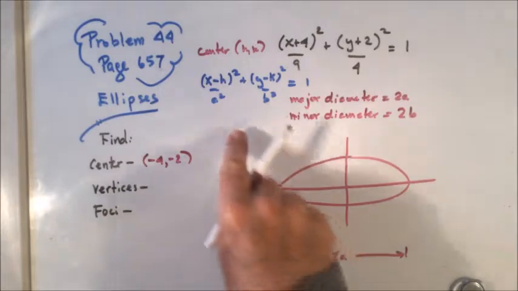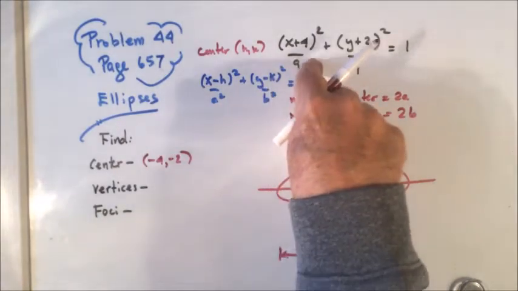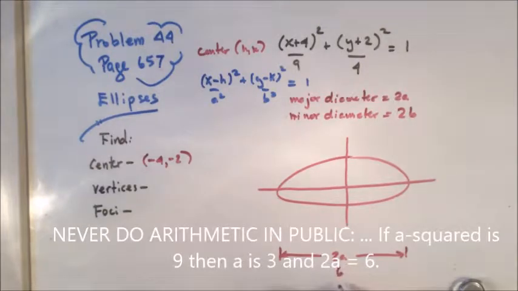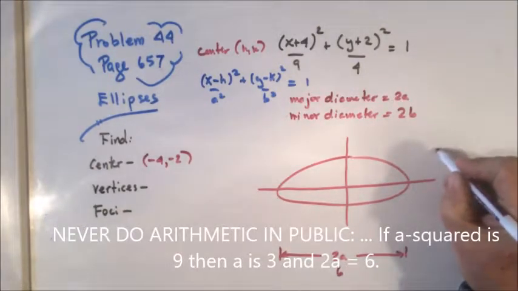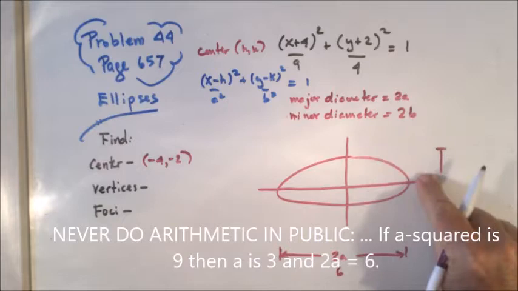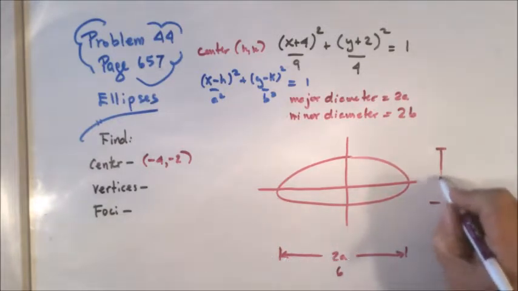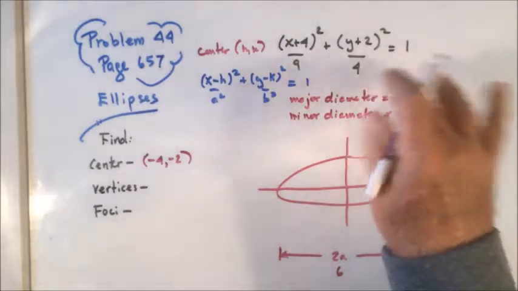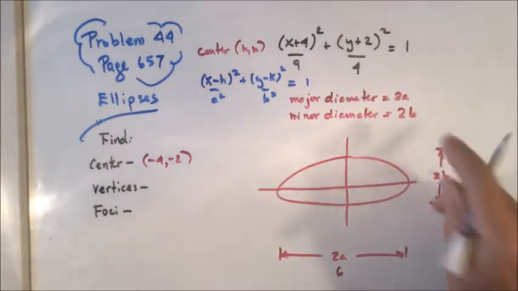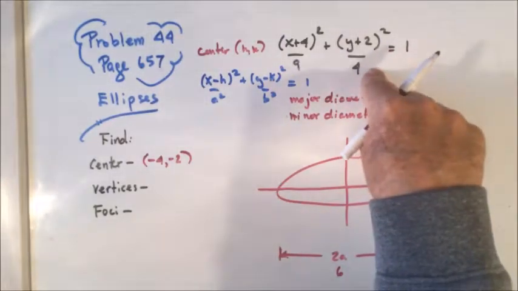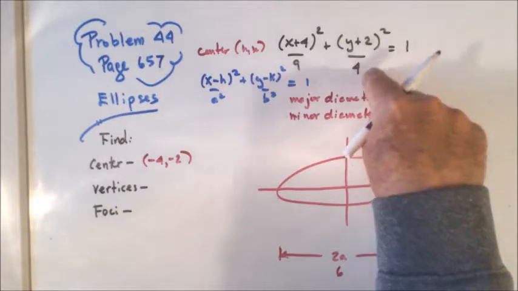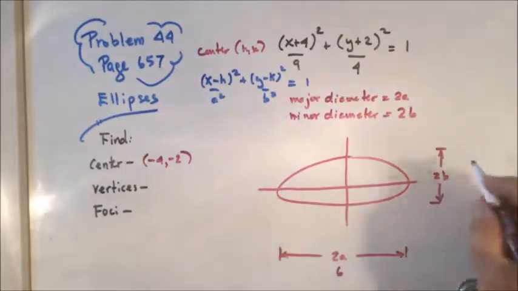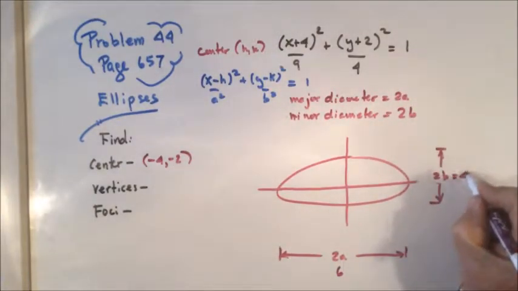Okay, and in our case, if a squared is 9, then a is 3, and 2a is 6. And here is the minor diameter coming at you right here. If b squared is 4, b is 2, 2b is 4.